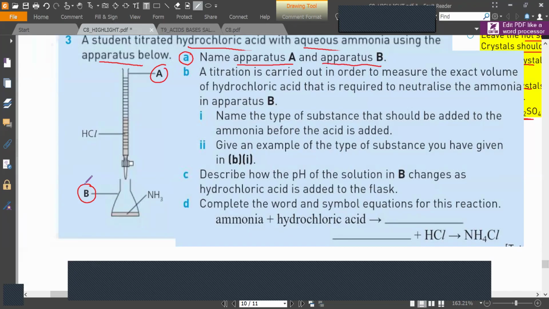What is apparatus A? What is apparatus B?